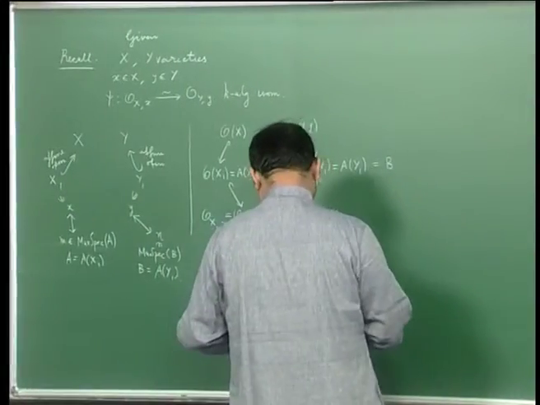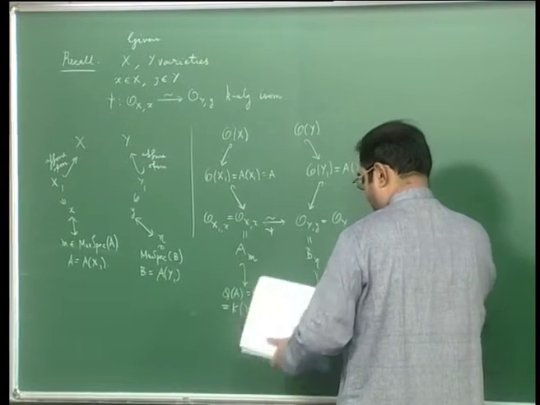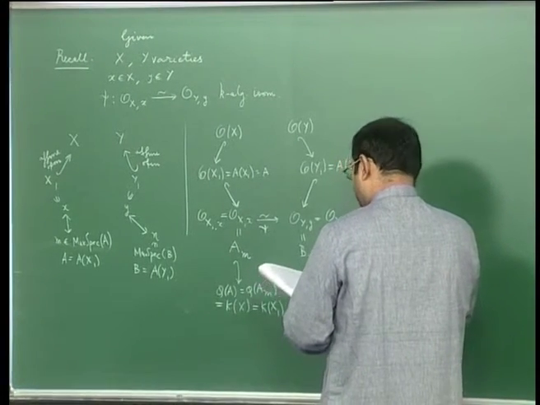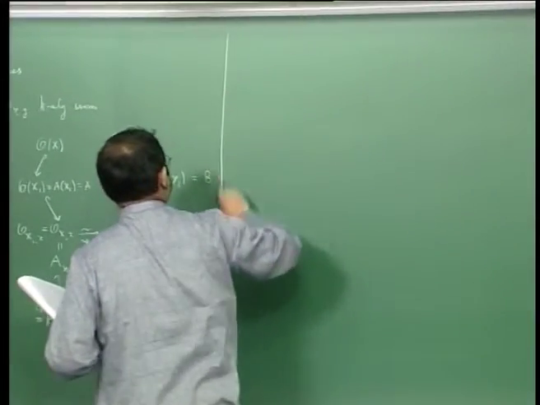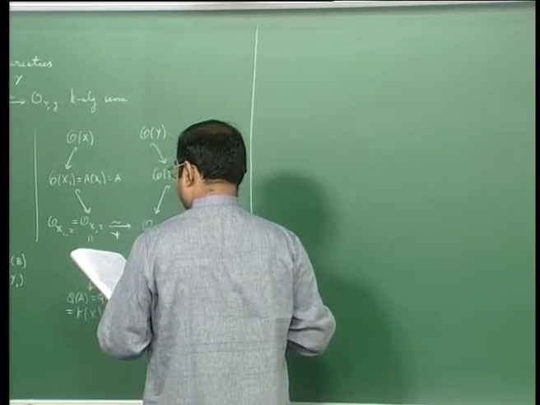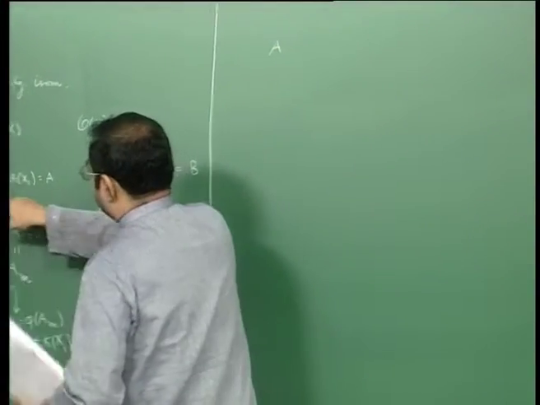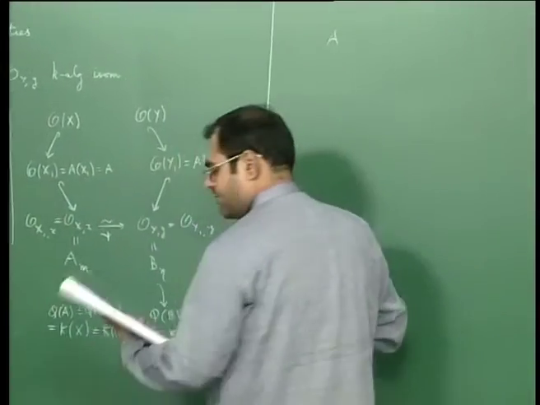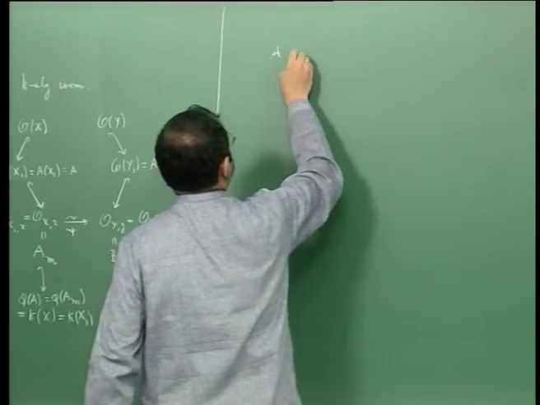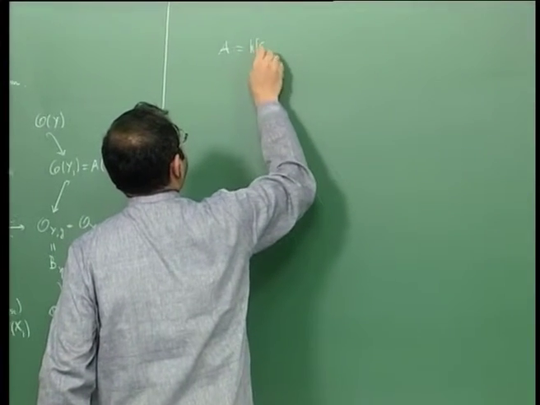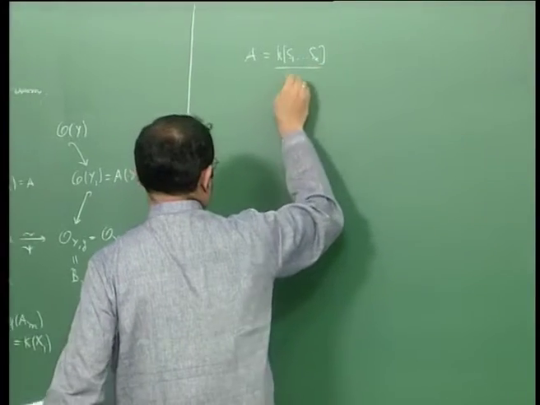So what we had done is that we had assumed that your A, which is the affine coordinate ring of x1, if I look at the notation, A was k[s1, ..., sn] divided by the ideal of x1.